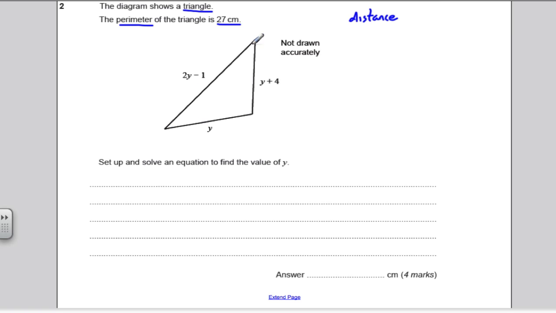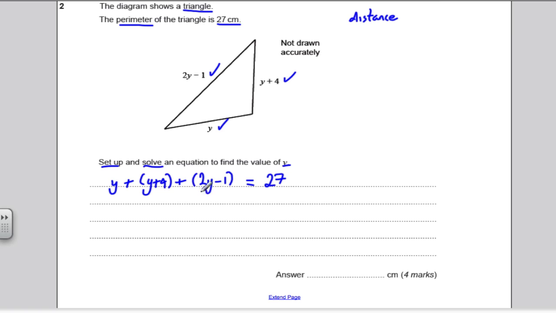And in total, these add up to the 27. So we must set up and write an equation and then go ahead and solve it to get y. So we know that the sum of the distances round this triangle is 27, i.e. y, this one, plus y plus 4, this one, plus 2y minus 1, that one, must add up to 27. And there's our initial equation.